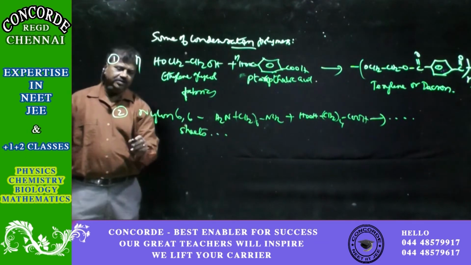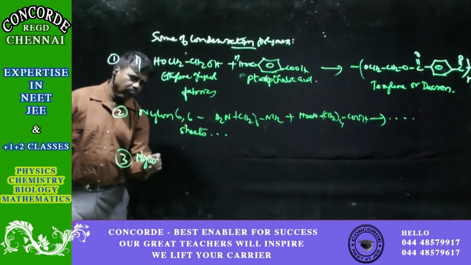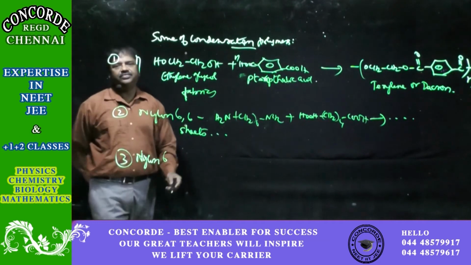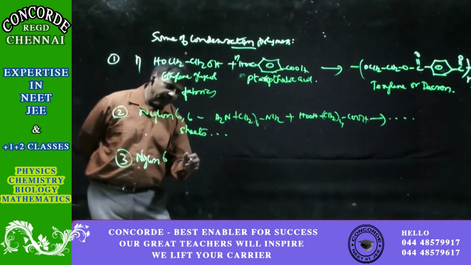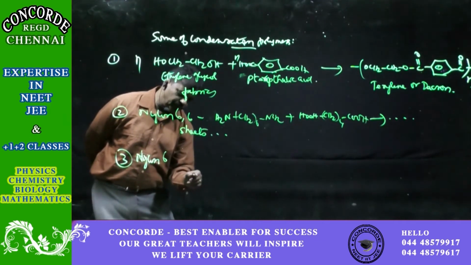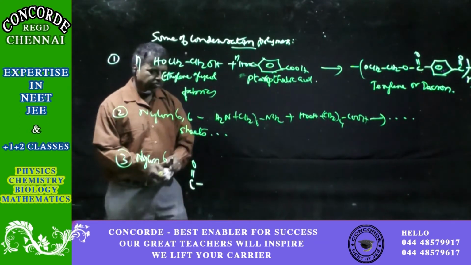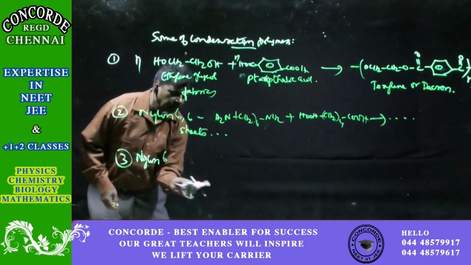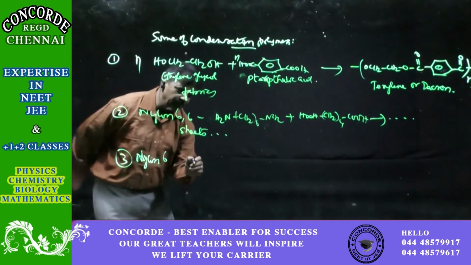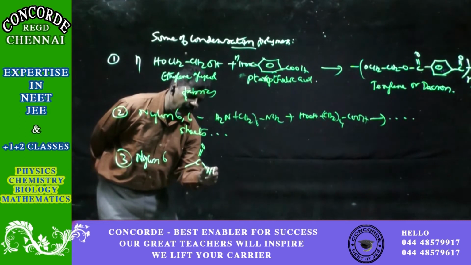And there is nylon 6. Nylon 6 is made from caprolactam. Caprolactam is nothing but a cyclic structure involving a C double bond O and then NH.